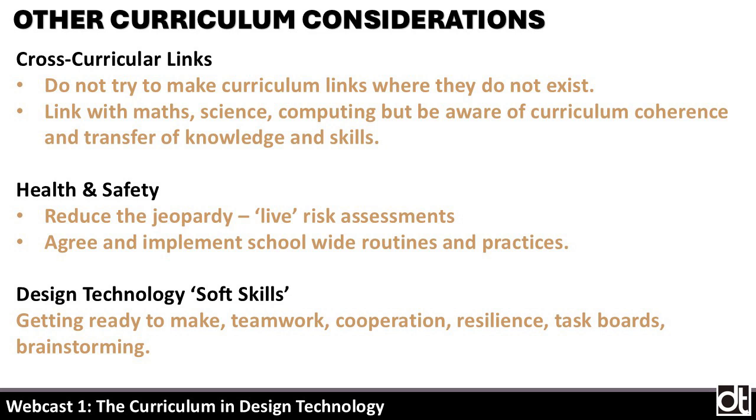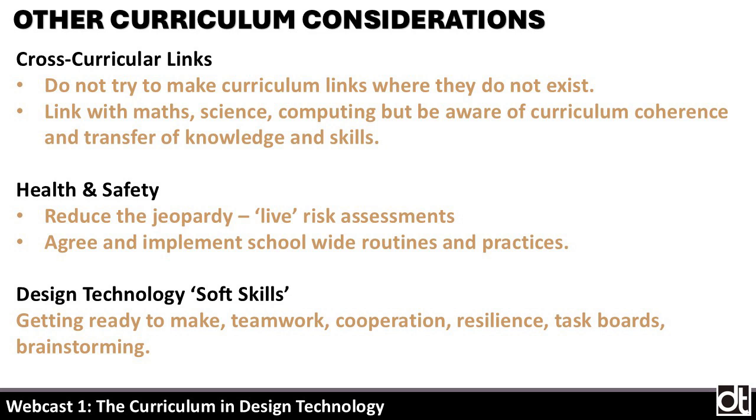Within the DT curriculum, there are opportunities for children to apply their knowledge from other subjects, particularly maths, science and computing. And here we are looking at key skills such as measuring from maths lessons, applying knowledge of properties of materials and simple circuits from science lessons, using block coding to control products and computer software to design products from the computing curriculum.